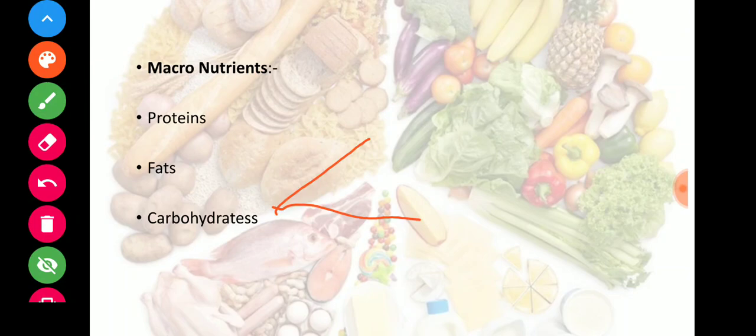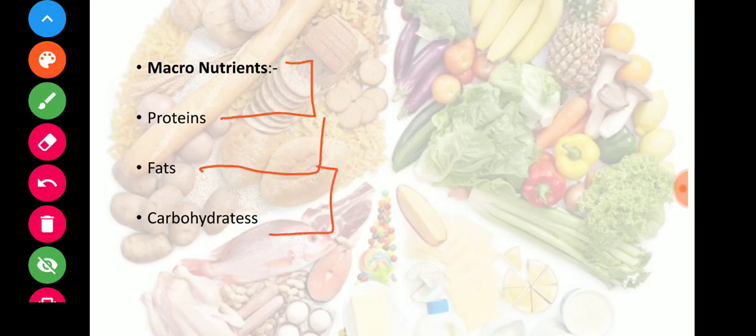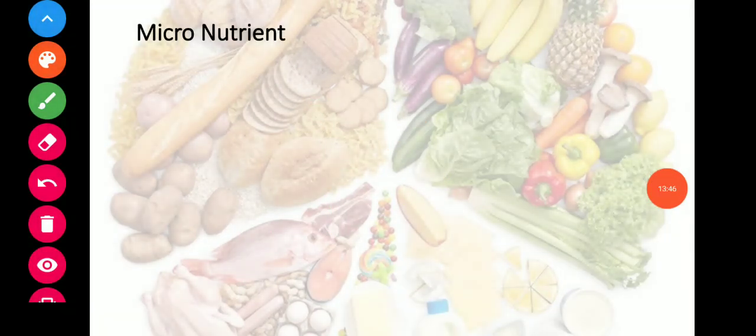So here we have seen that macronutrients are divided into three categories, that are proteins, fats and carbohydrates. Now we will talk about the micronutrients, the nutrients that are in less amount in our food.